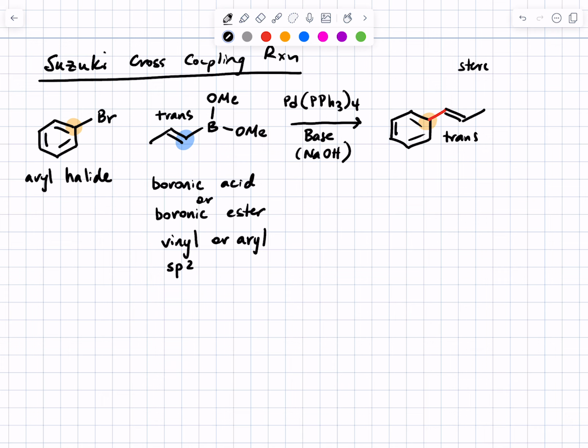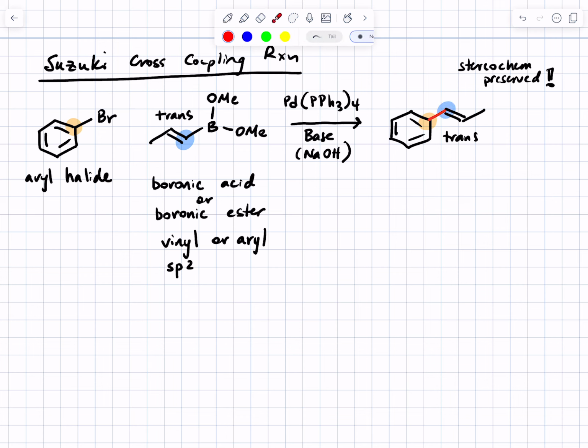If the boronic acid or ester is trans, the stereochemistry of that double bond in the product must also be trans. If it is cis, the stereochemistry in the product must also be cis. Okay, so that's why they call it a cross-coupling reaction.